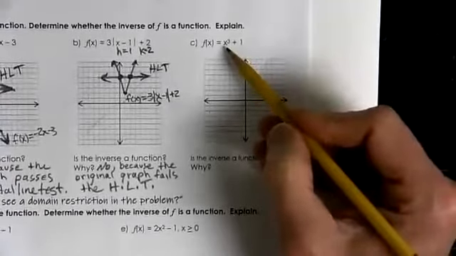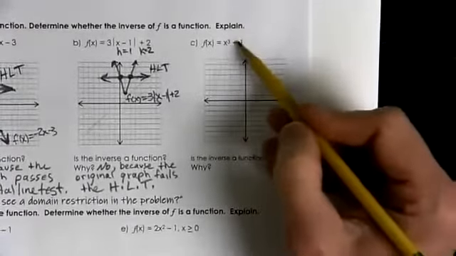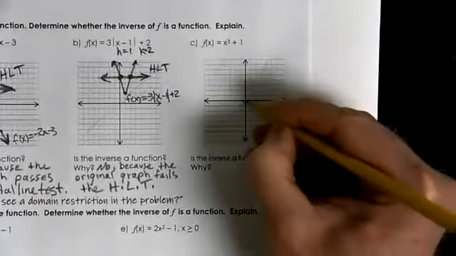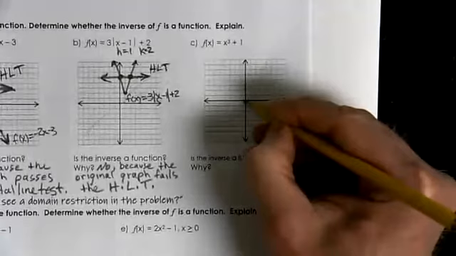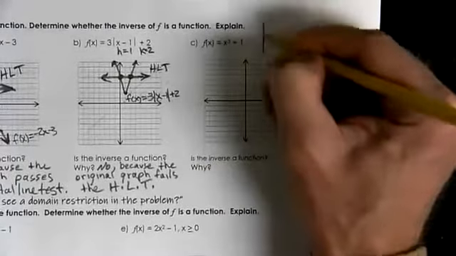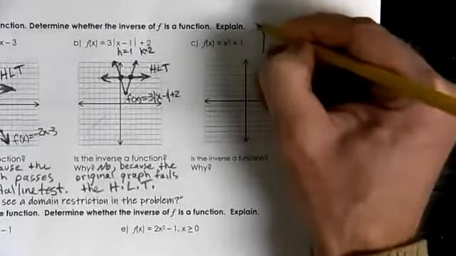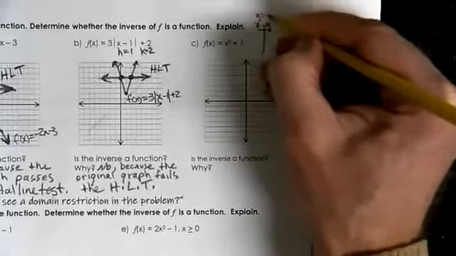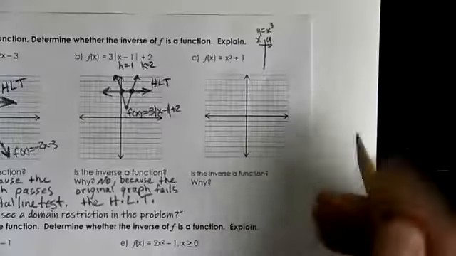Here we're looking for x cubed. This is x cubed plus 1. Well, we know the x cubed parent function, 0 times 0 times 0. This is for y equals x cubed.